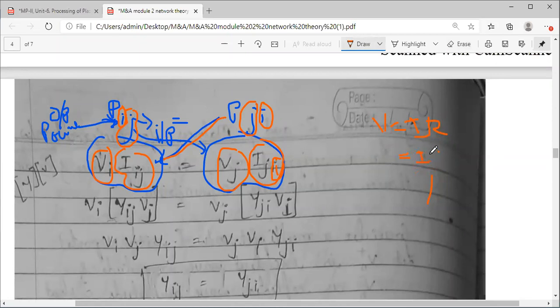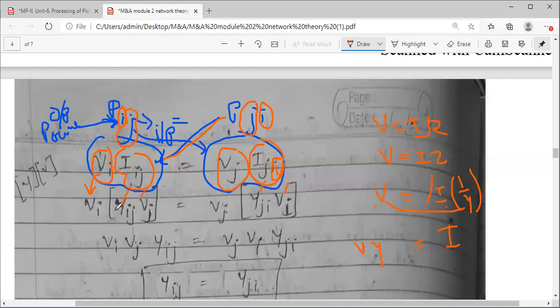Which is equal to I into Z. Okay, V equals IZ. Impedance and admittance are reciprocal, so I by Y. From this, current I is equal to V into Y. Okay, V into Y. I have multiplied V into Y. So for keeping the first term as it is, instead of current I, I have written V into Y. Here also V into Y.